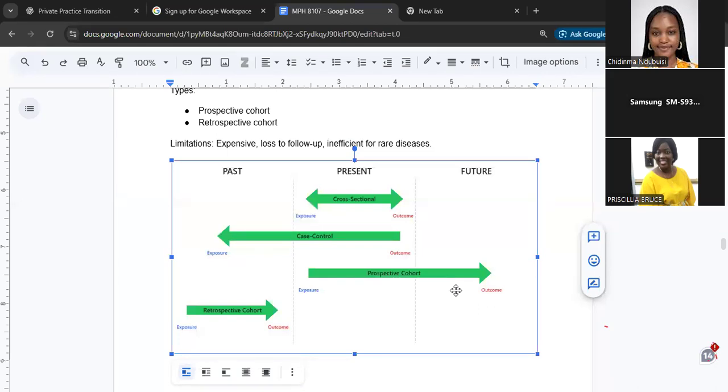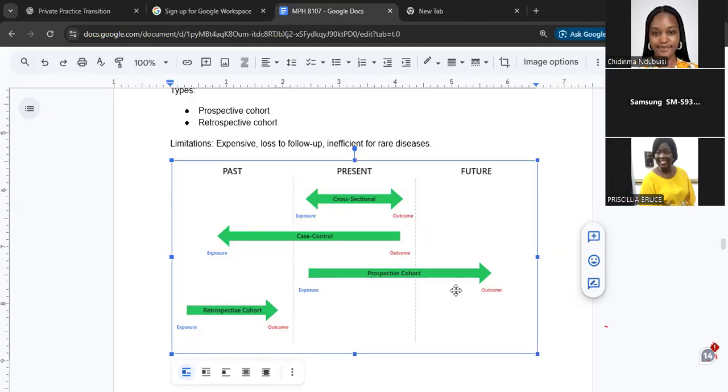Now, I'm not trying to confuse us, but I need us to know something, so let me say it so that it will be on record, in case we want to listen again. It's important to have it at the back of our mind. There is a school of thought that says retrospective means we are following from the past into the present.